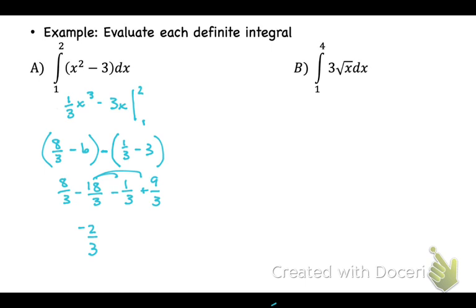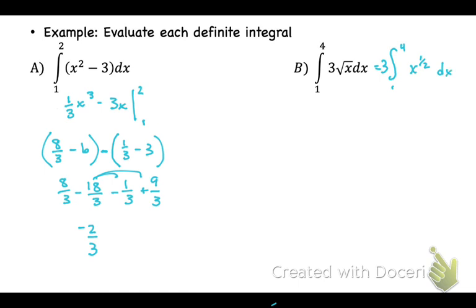Okay, so now we have 3x to the 1/2. I would only write it on my paper 3x to the 1/2. So can we put the 3 out front if we want? I guess. Yeah. So x to the 1/2 dx.